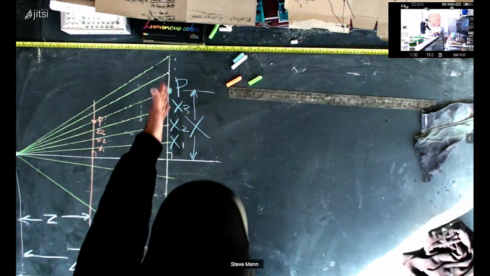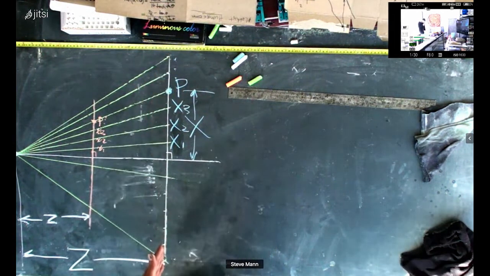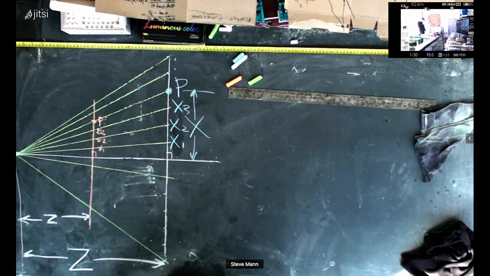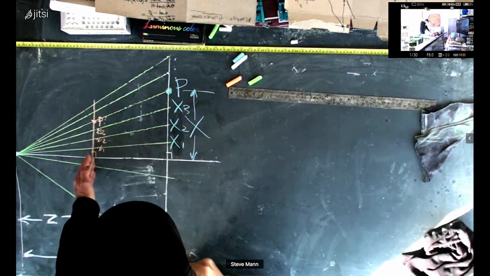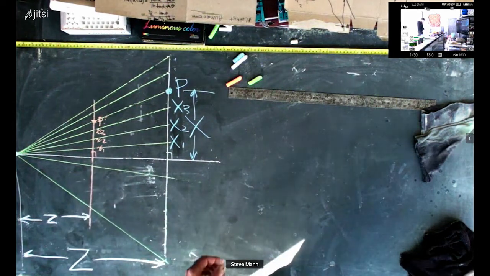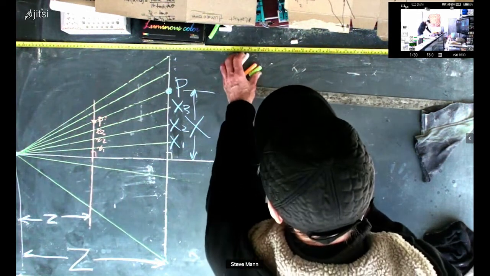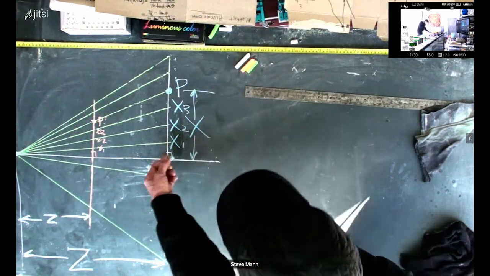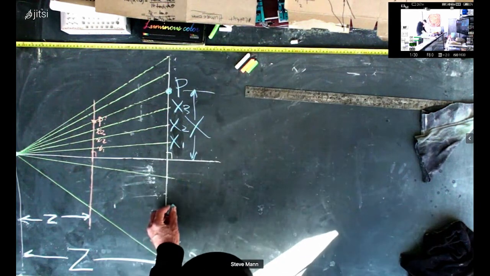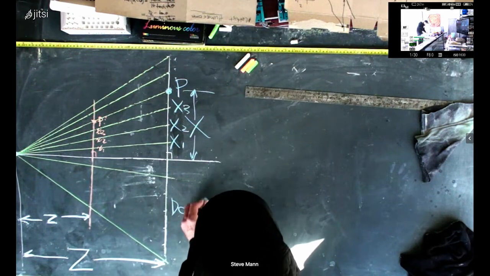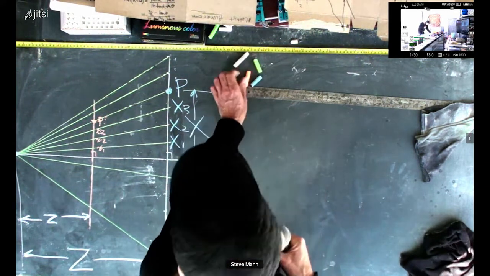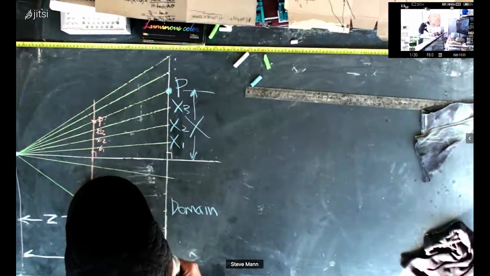And so if there's periodicity in the real world, as there often is, repeating bricks, ceiling tiles, objects that repeat, the same thing repeats over and over again, that periodicity gets mapped to periodicity here. So if we had some periodic structure in the domain of this mapping, this is called the domain, and this is called the range of the mapping.